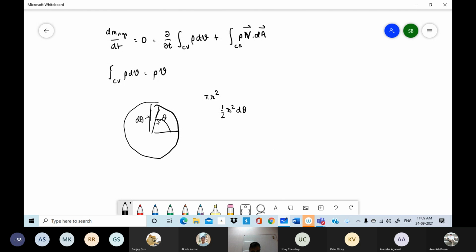So therefore, if I take an element dr of this, it would be half r plus dr whole square minus r square d theta, which is equal to half r square plus twice r dr plus dr square.